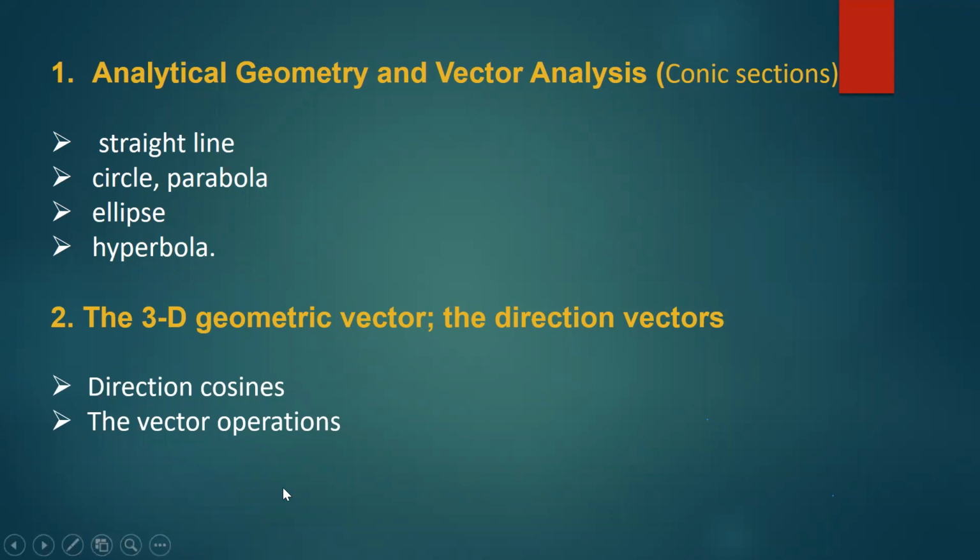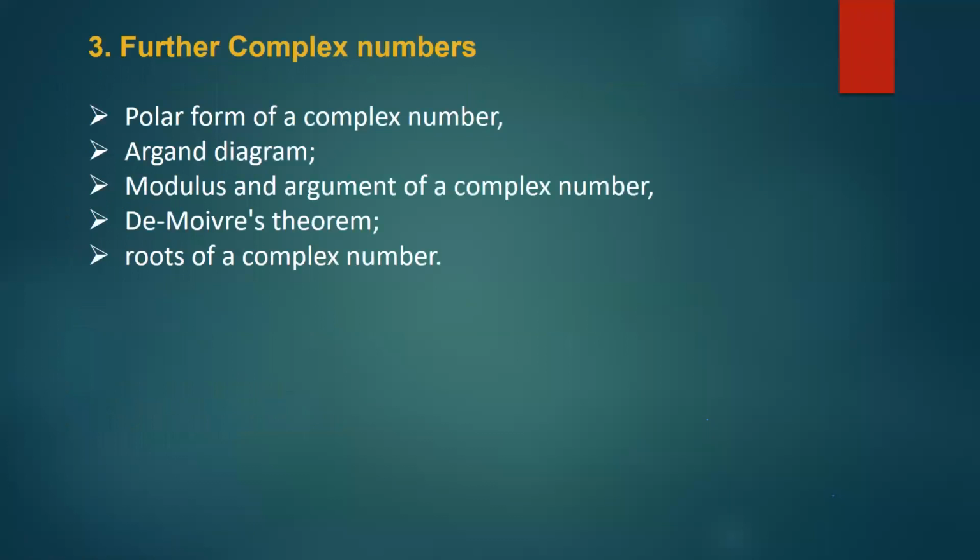So I'm not going to take a lot of time on vectors because whatever you did in physics is exactly what we are going to do here. In physics, on this topic, we just look at the direction cosines and the vector operations. So the other topic, after vector analysis, we are going to look at further complex numbers.